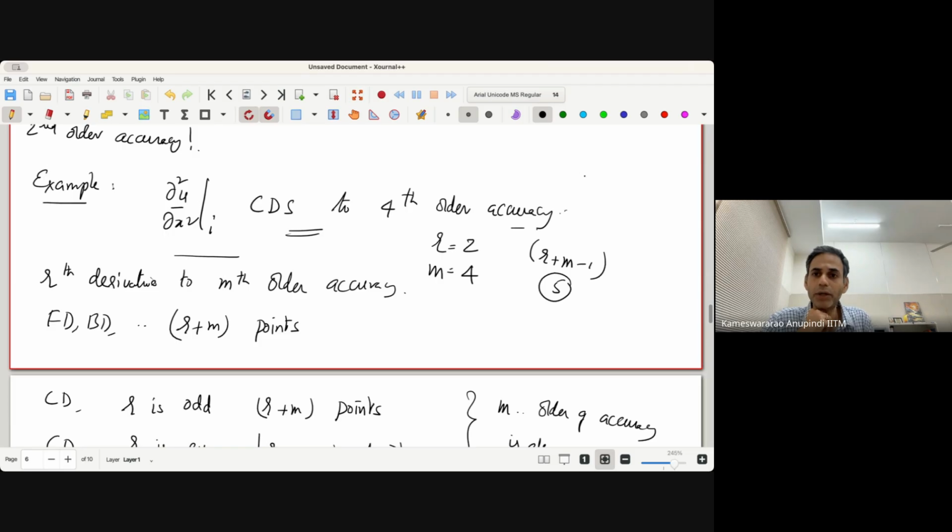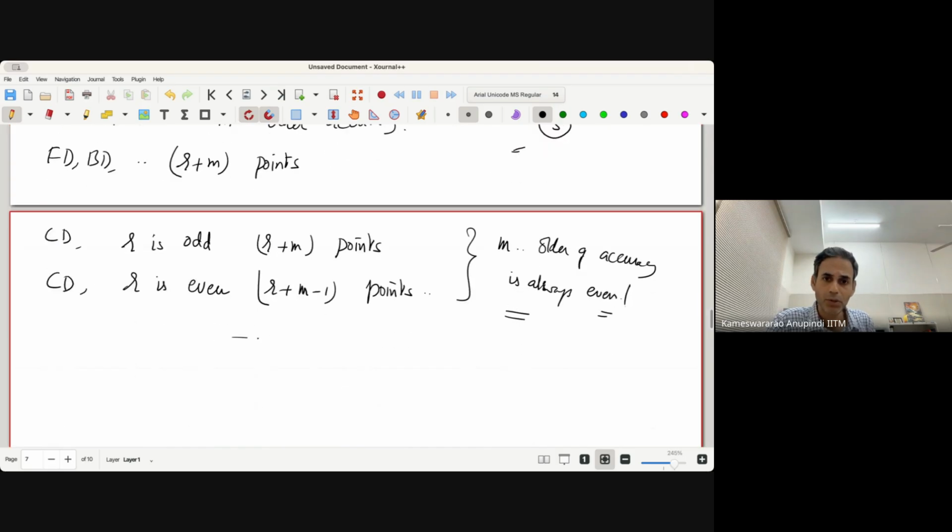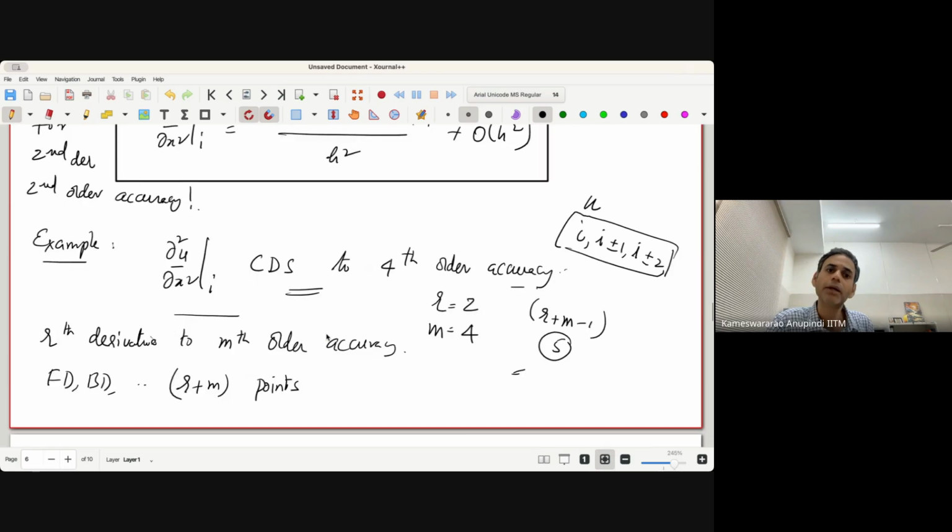That means we would require i plus or minus 1, i plus or minus 2. If you write u at all these points, expand them, and then use values of alpha, beta, gamma, and so on, you're going to get a scheme for the second derivative to fourth order accuracy. Okay, so that is the idea here.